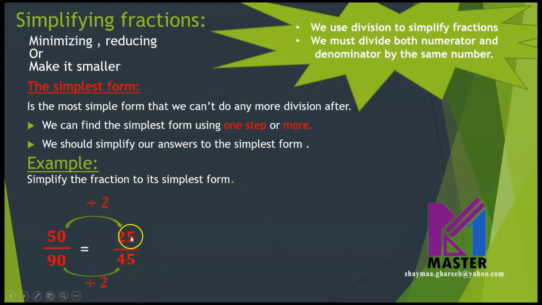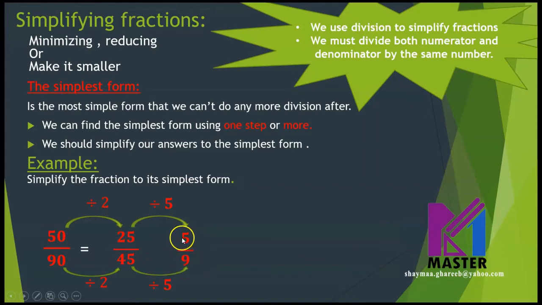Both numbers are multiples of 5, so both numbers can be divided by 5. So I can do one more step and divide by 5. 25 divided by 5 equals 5. 45 divided by 5 equals 9. So my answer will be 5 over 9.